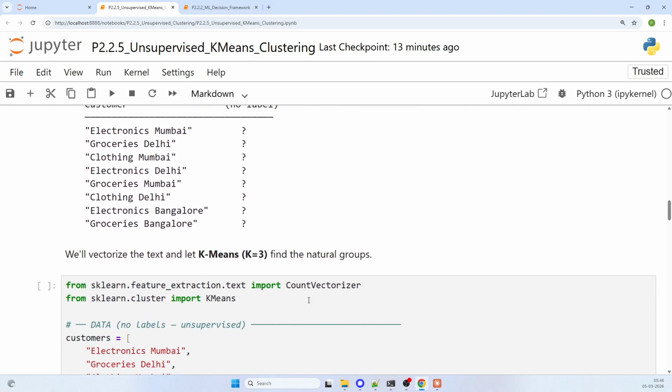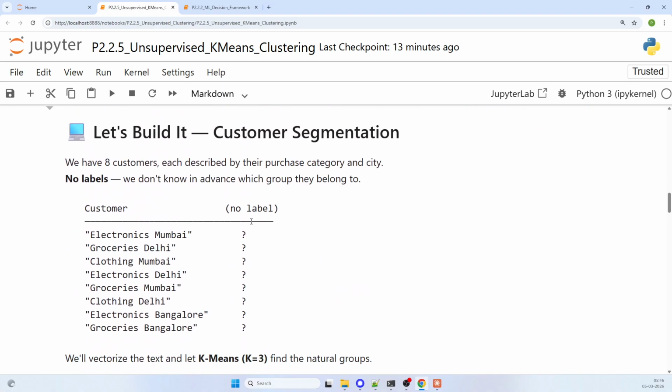Here is my data. My data has no labels, it has only raw data. Looking at the data, I can tell I can make clusters in three segments, whether by electronics, groceries, clothing, or by city, Mumbai, Delhi, and Bangalore. We don't know how the clustering happens, or it can be a mix of both.